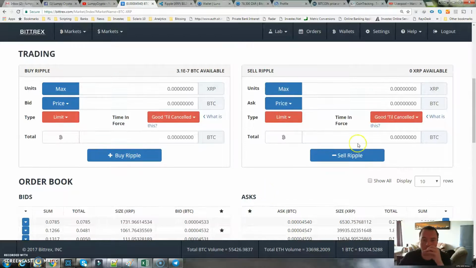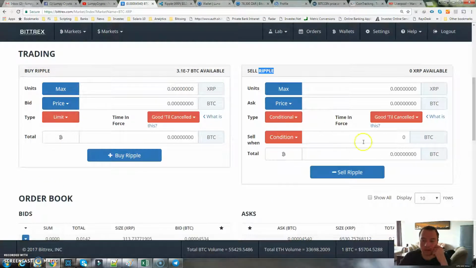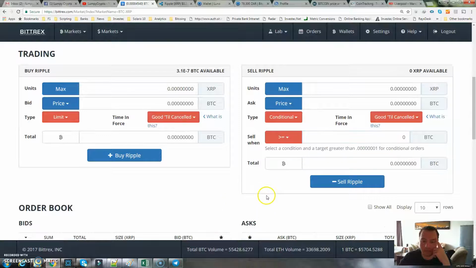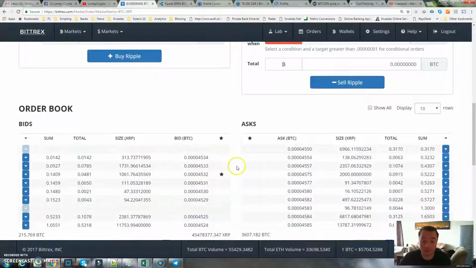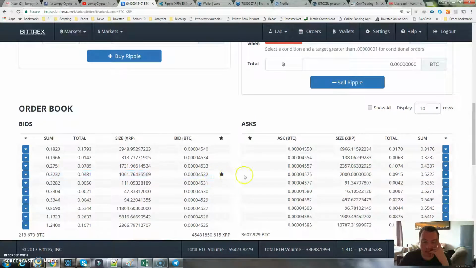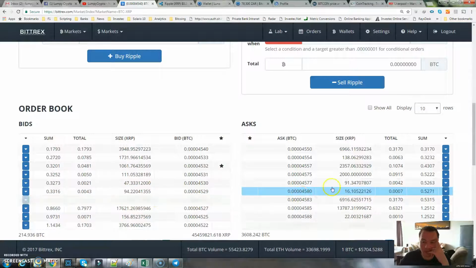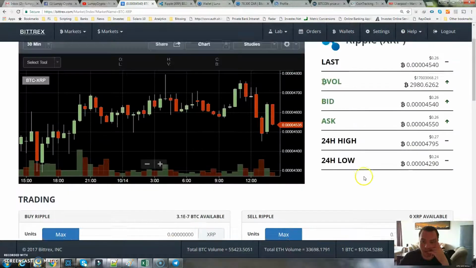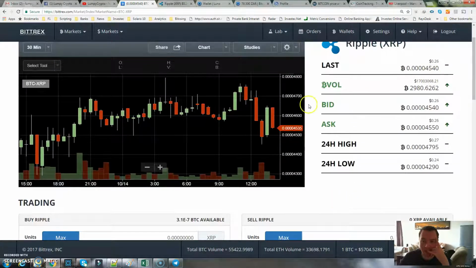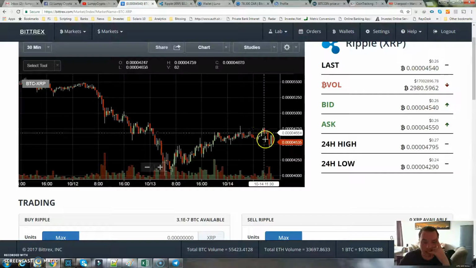Okay, so now once we have Ripple, what I'm going to do is we're going to put in a conditional sell order. So if the price is greater than or equal to, this will allow the system to just sell it for us if needs be, if it gets to the level that we want. So we want to try and make some profit out of it, potentially in the next couple of days.